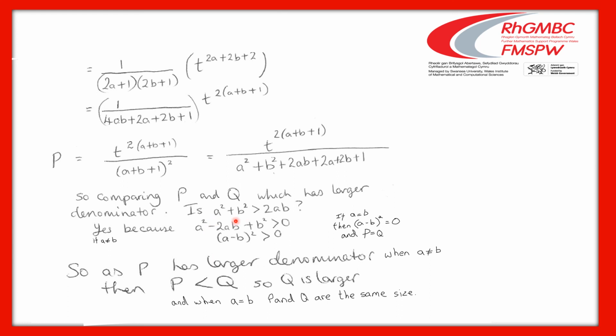larger than 2ab? Well, if we subtract 2ab from both sides, we see that we could get the expansion of a minus b all squared, which is positive, or 0 if a equals b.